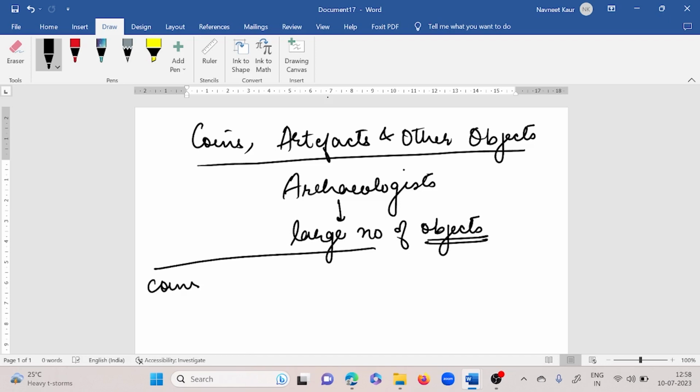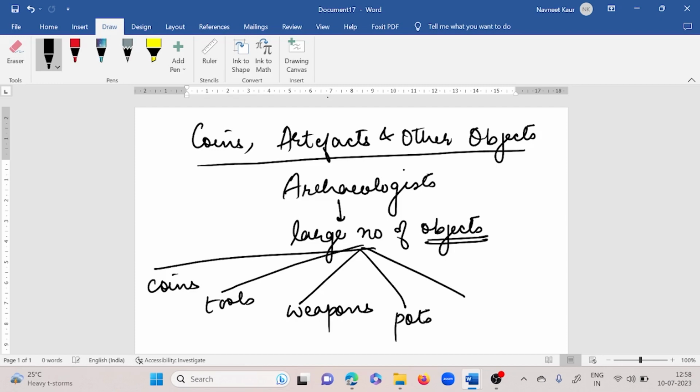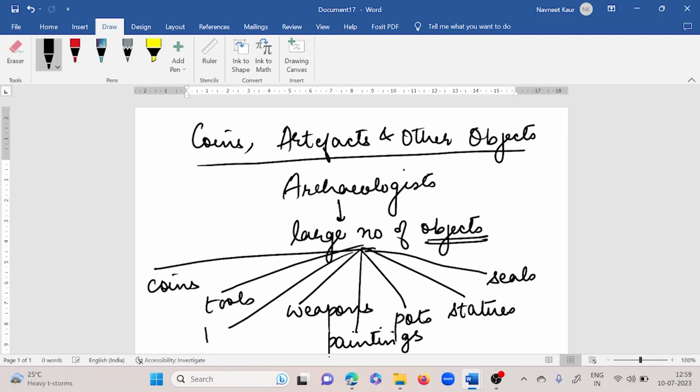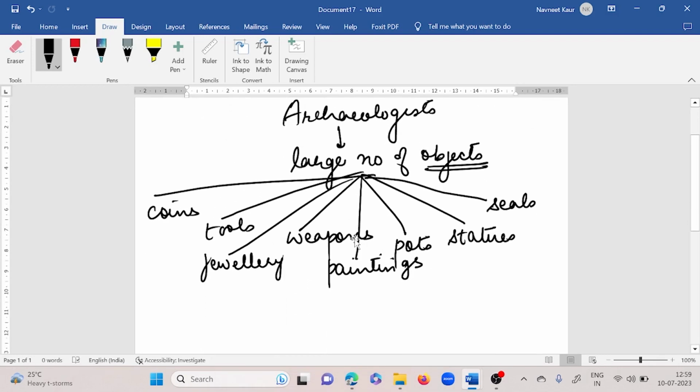As we have already done, they found coins, tools, weapons, pots, statues, seals, paintings, and jewelry. So the archaeologists found a large number of objects such as coins, tools, weapons, pots, statues, seals, paintings, and jewelry.